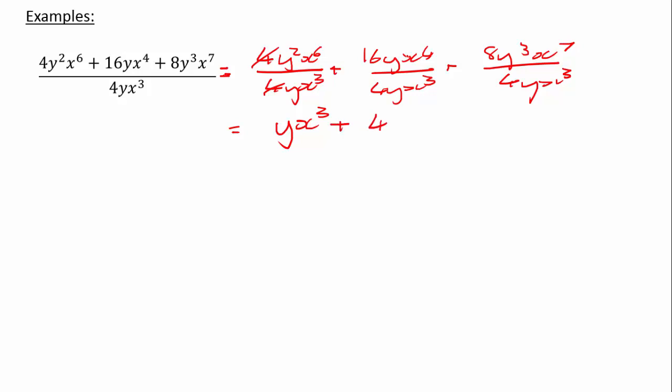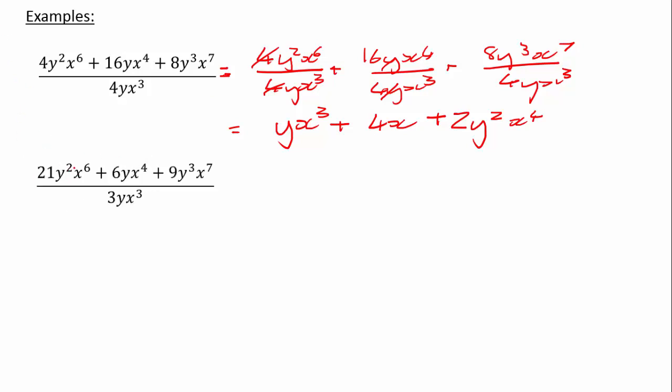Remember, when we're dividing variables, we subtract the exponents, the bottom from the top. y divided by y, those y's just cancel out. x to the 4 divided by x to the 3 is x, plus 8 divided by 4 is 2. y to the 3 divided by y is y squared. x to the 7 divided by x to the 3 is x to the 4.